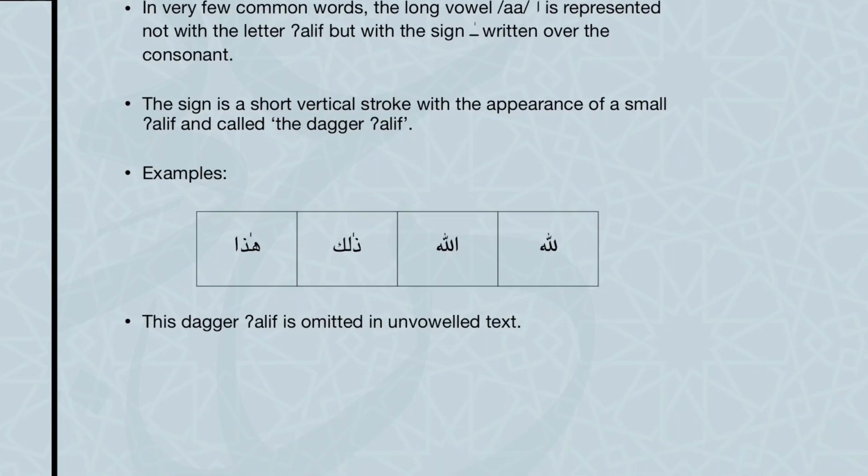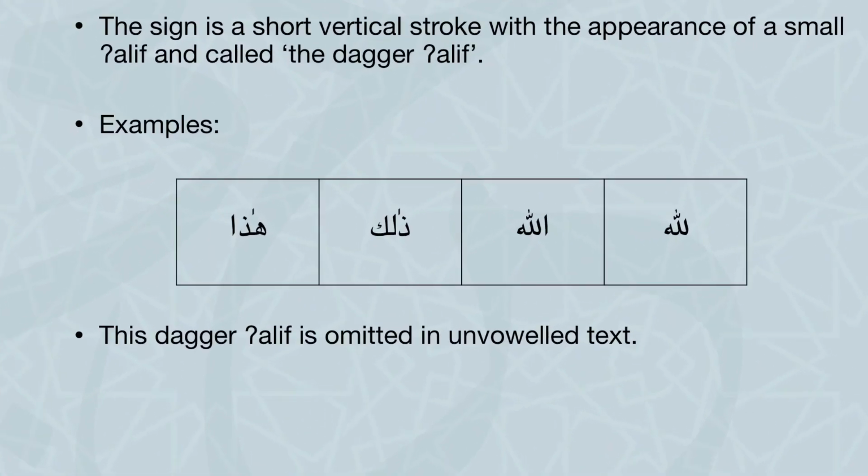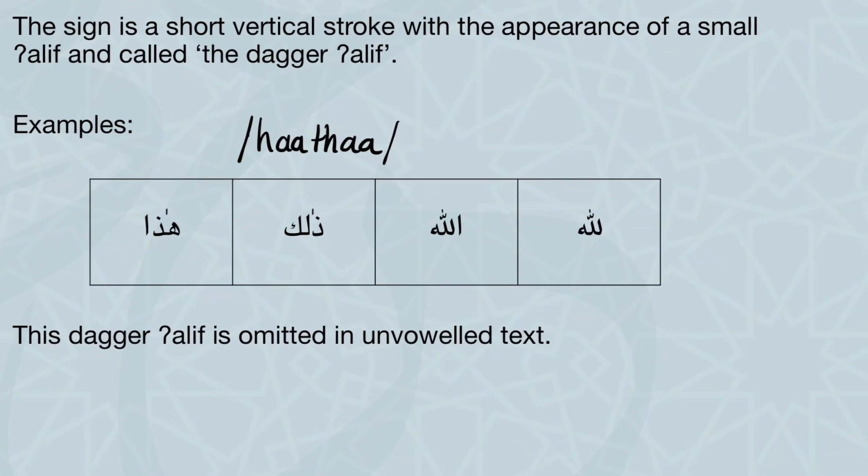The few common words include some of the most commonly used ones. Take hada. If I try to transliterate it as I pronounce it, I would write it with a long alif, ha-da. But this way is considered wrong. How we do it is we write it like this and put a small dagger on the ha.